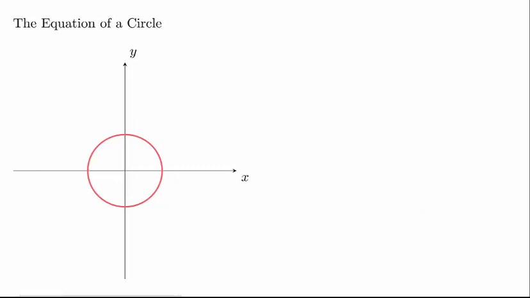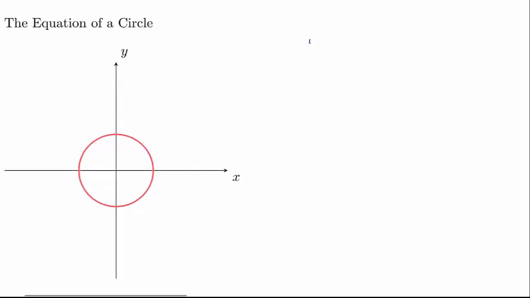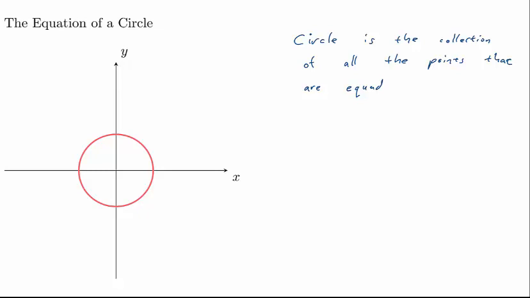A circle is the collection of all the points that are equidistant from a common point called the center.